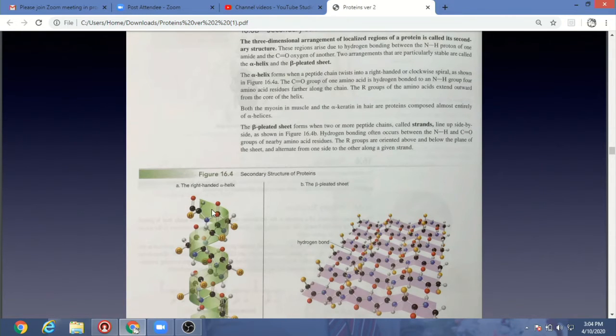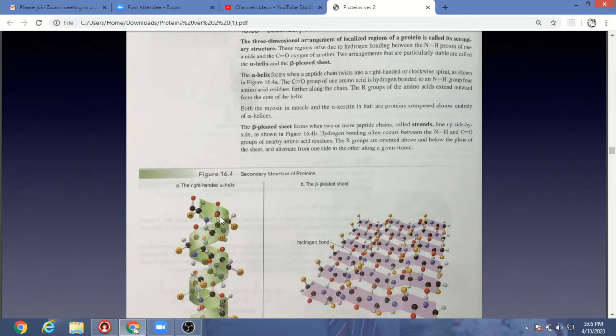It's a twisting happening, and the way this is taking place is that the carbonyl, or the carbon double bonded to an oxygen group of one amino acid, is hydrogen bonded to an NH group 4 amino acid residues further along the chain. So if you look at this picture here, you'll see the carbonyl groups pointing up like this, and you'll see the NHs pointing down.